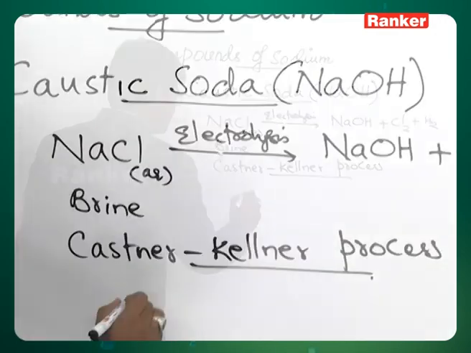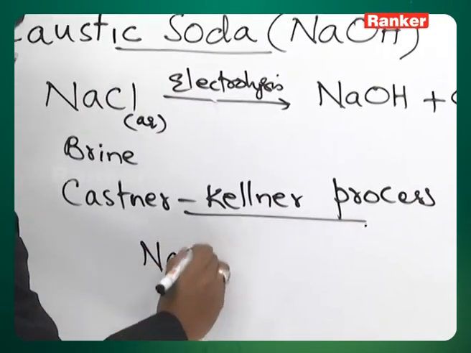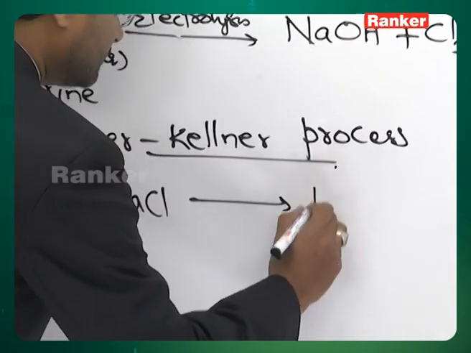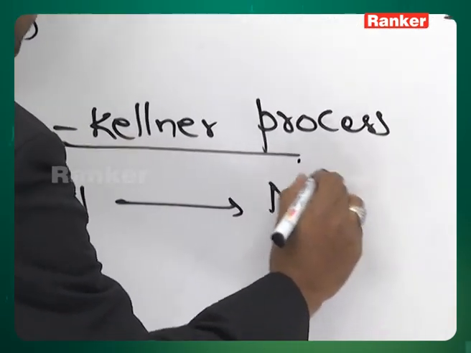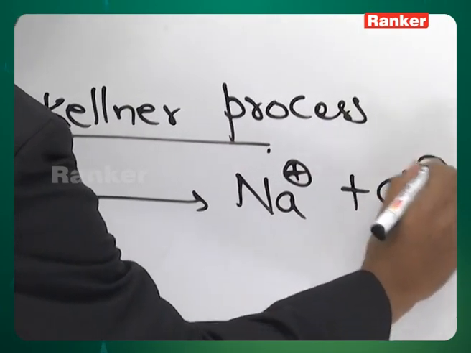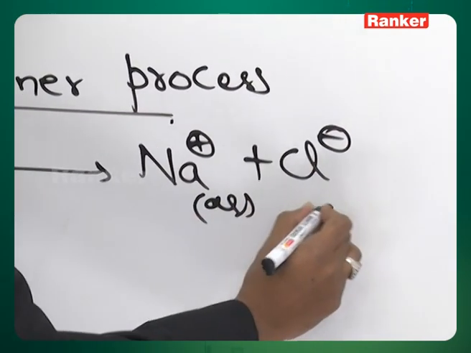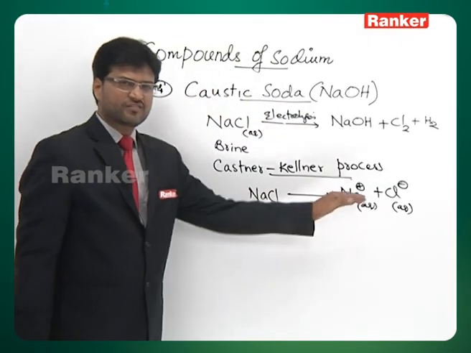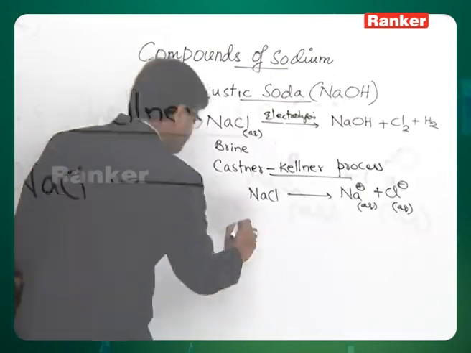Look at the reactions. Sodium chloride once dissolved in water dissociates into Na+ and Cl- ions.